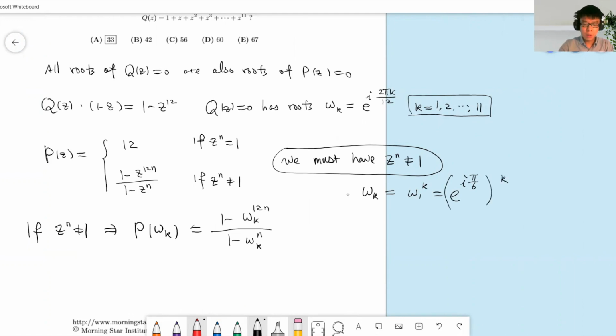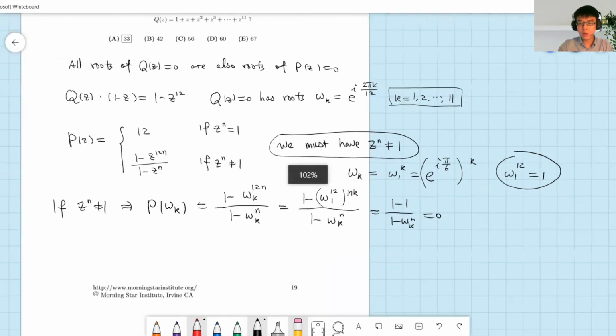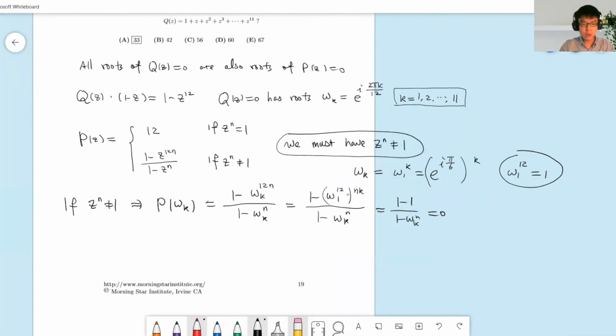So this is equal to 1 minus omega_1 to the 12 times nk, over 1 minus omega_k^n. Omega_1 to the 12th power is always 1 because that's the root, right? And so the above is 1 minus 1 over 1 minus omega_k^n, and this equals 0. It is a root, and the denominator is not 0.